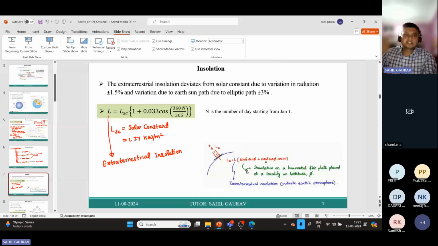In my point of view, this solar insolation, we are getting in terms of power, that is kilowatt per meter square. But irradiance is electromagnetic waves.